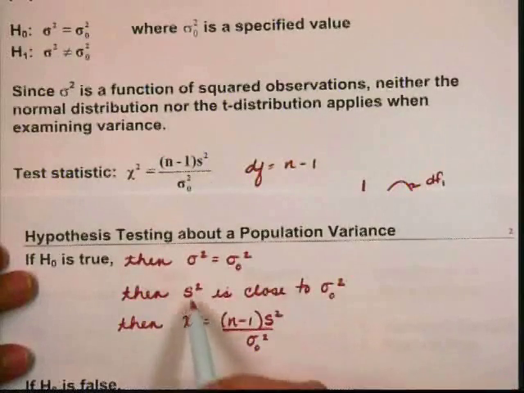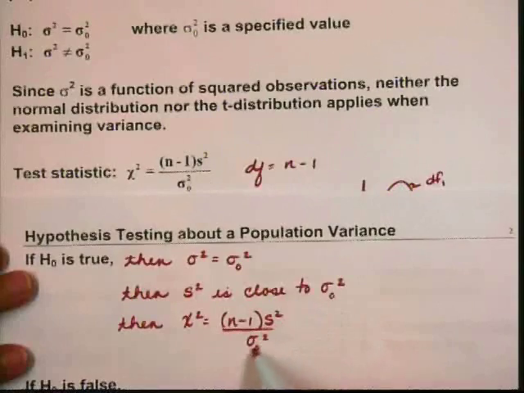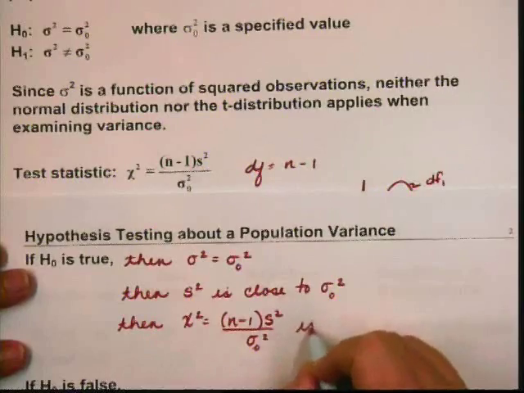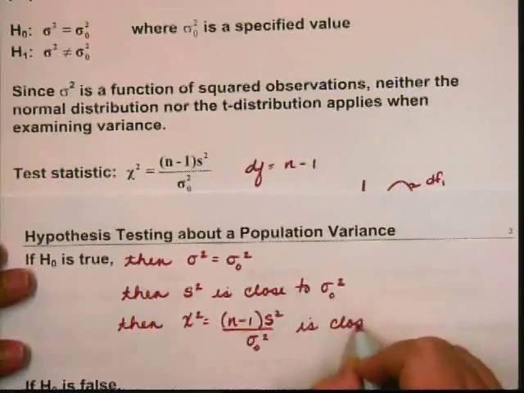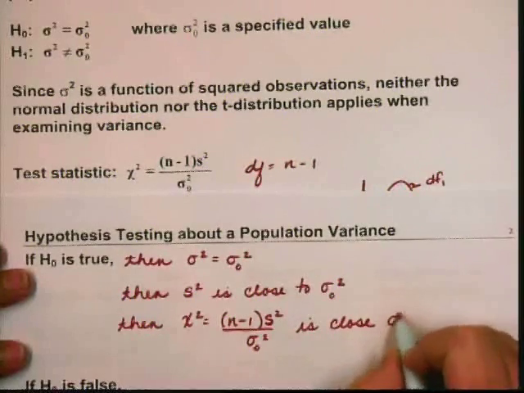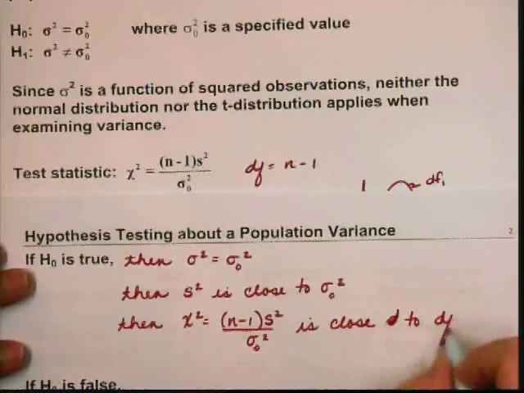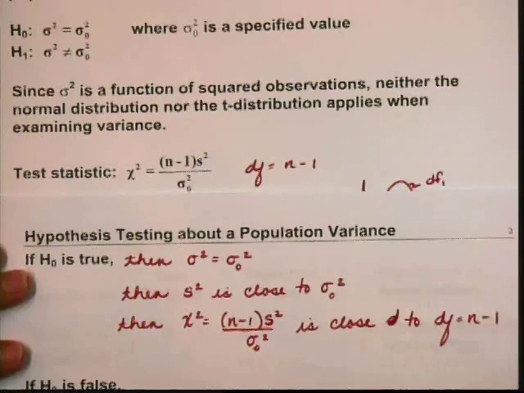If s squared is close to sigma naught squared, that part of this computation is close to 1. So if H naught is true, then the value of chi-square is close to what? It's close to the degrees of freedom, which equals n minus 1.